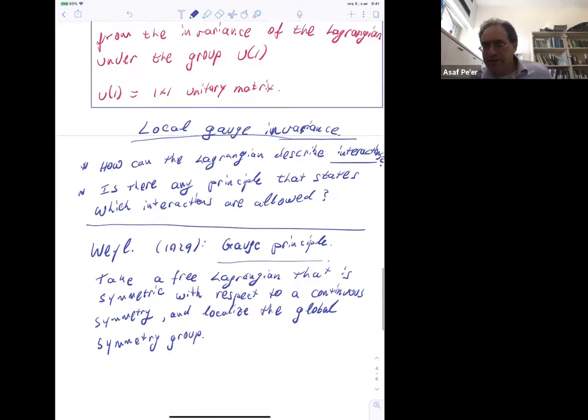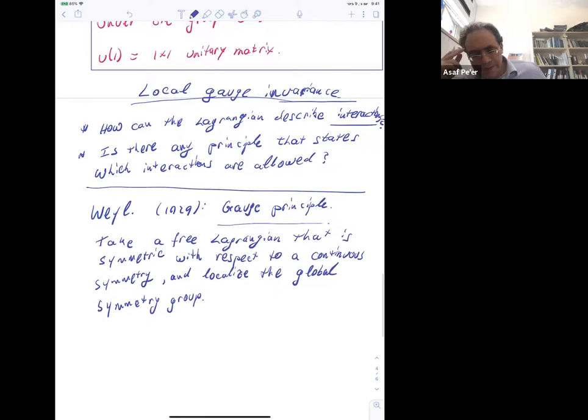Now, in order for that to still be a symmetry, one must include an additional field to maintain the symmetry.